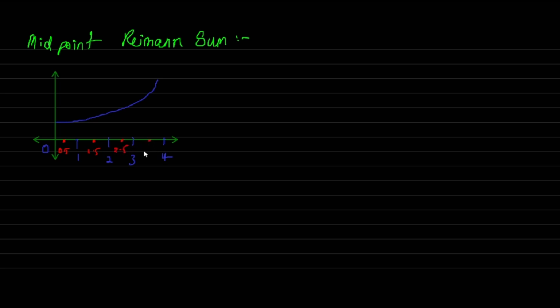And from 3 to 4, it is 3.5. So what we do in the midpoint rule is we still start from the left-hand side, but now the height of the rectangle is not the starting point, it's going to be the midpoint. So the height is going to be this.